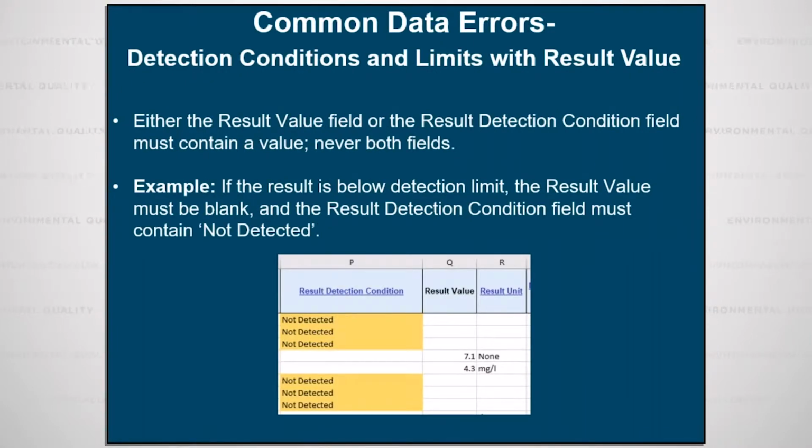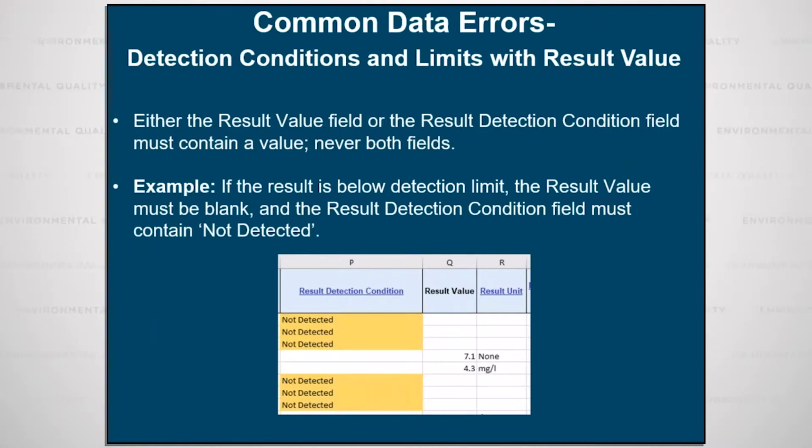Other things, detection conditions and limits with a result value. This is an error in terms of your data entry. Either a result value field or a detection condition field must contain a value, not both. What that means is if the result is below a detection limit, the result value must be blank and the result detection condition field must contain not detected.